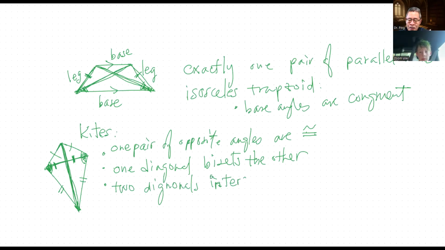Two diagonals intersect at 90 degrees. And the last one is we have one diagonal that is the axis of symmetry.